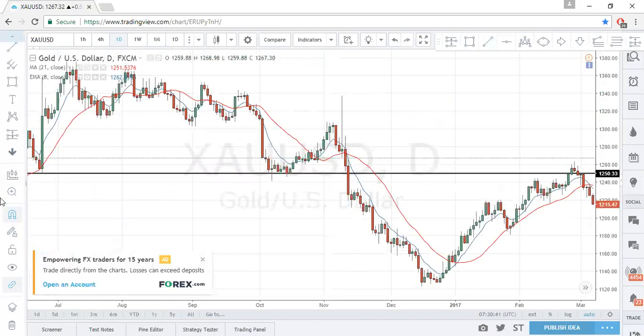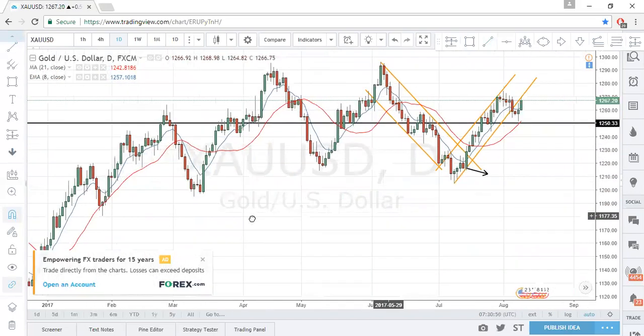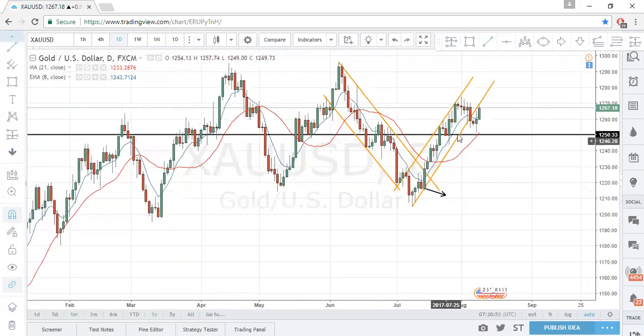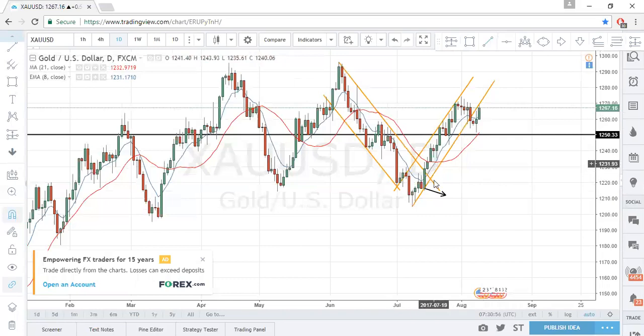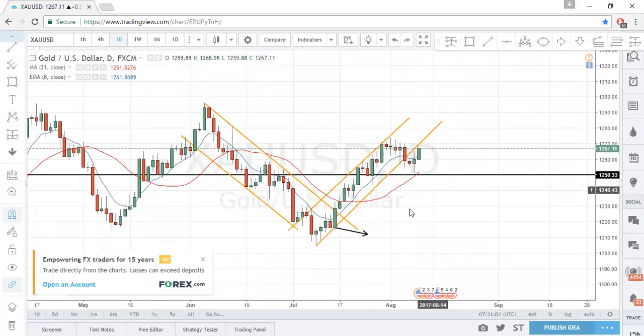Okay, we're in gold. You can spot a trend exactly here, right? There's a channel, a bearish channel. Guess what's happening? Do you see it? A perfect trend. The channel is so nice here.